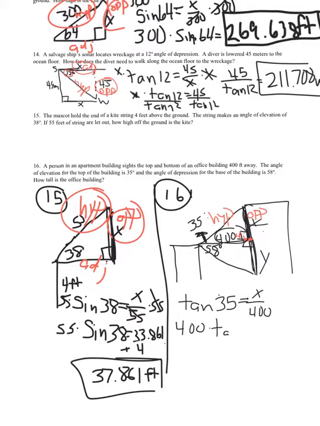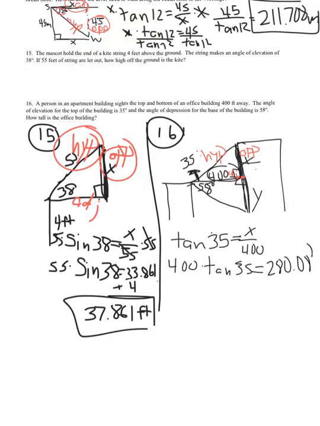This is 400 times tangent 35, which is 280.083. I'll add that in a second.